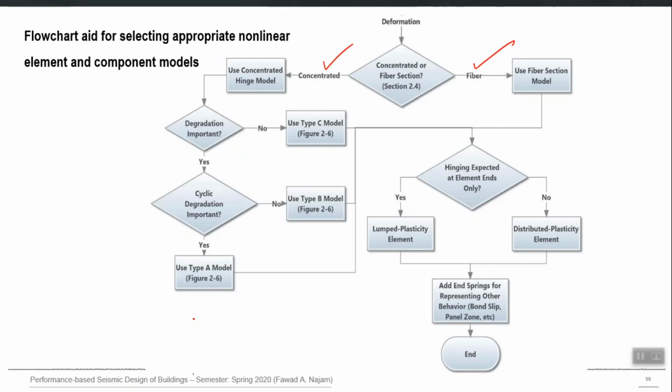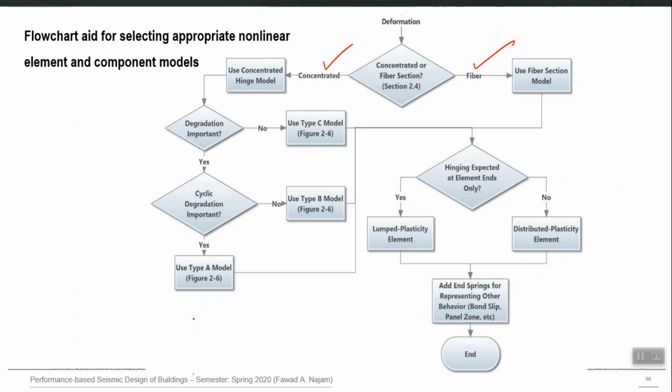Obviously, for the actions which are ductile, you will go for the deformation controlled behavior. For brittle failures, you know that the yield point is the ultimate failure, there is no post-peak behavior, which means you should declare it as a force controlled action. Then once you define it as deformation controlled, again you have to decide between the fiber modeling approach or the plastic hinge approach.